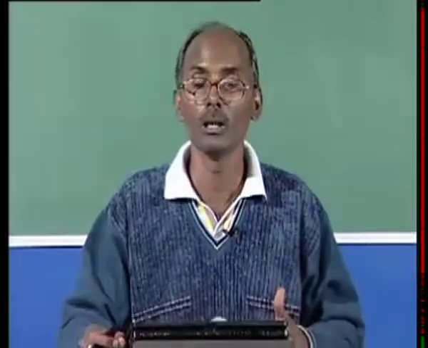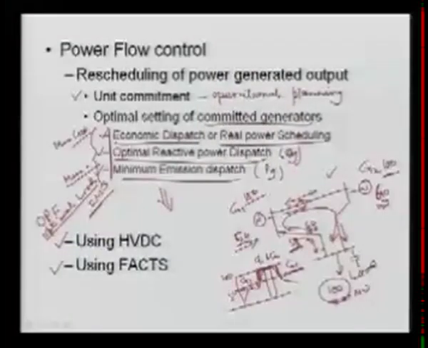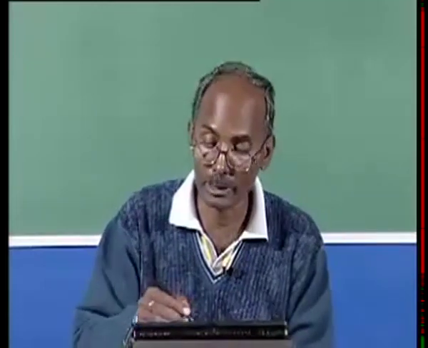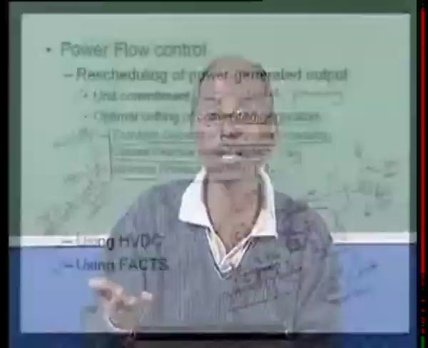Because sometimes, due to this overloading, if you don't have the control capability, you cannot load this generator up to this level. Then you have to go lower here and increase elsewhere, so that you do not exceed the rating of this line. Finally, you are not meeting your minimum cost of operation, because you are using your expensive generator more than your cheap generator, so the cheaper resource is not utilized.